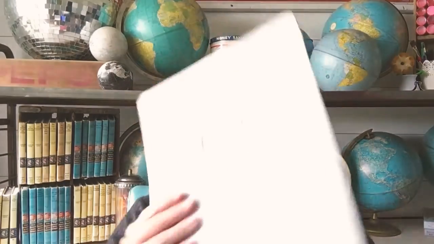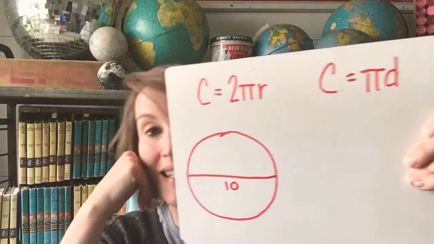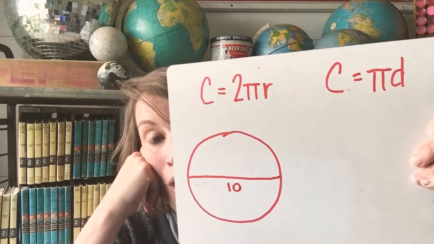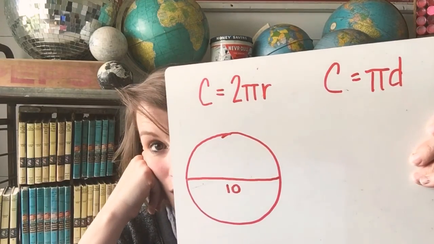So let's do a couple problems where we need to use these formulas. Let's find the circumference of a circle that has a diameter of 10. First off, which formula am I going to need to use for this one?